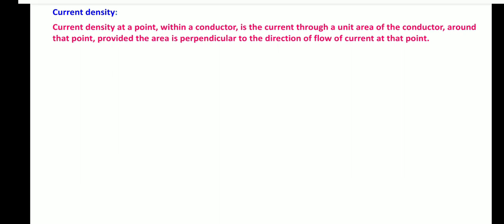Current density at a point within a conductor is the current through a unit area of the conductor around that point, provided the area is perpendicular to the direction of the flow of current at that point.